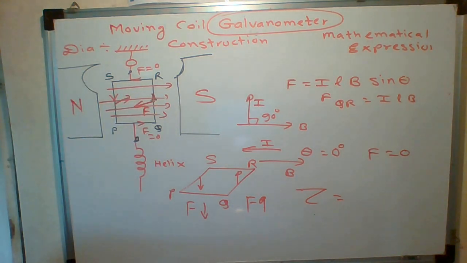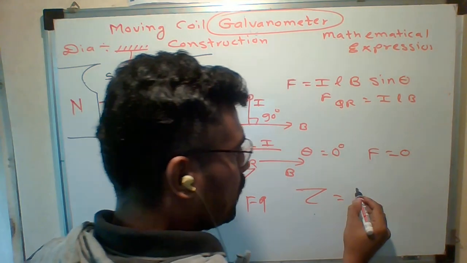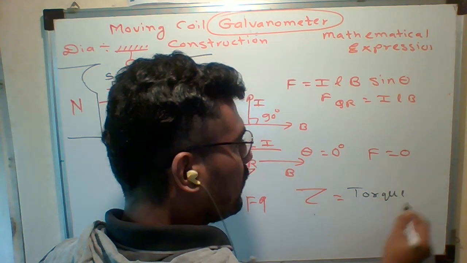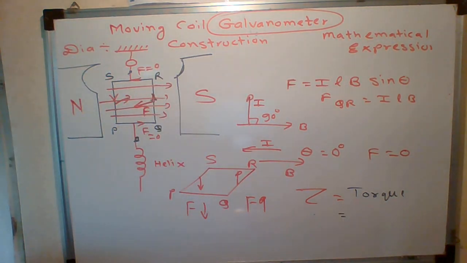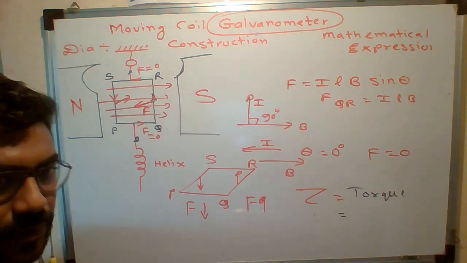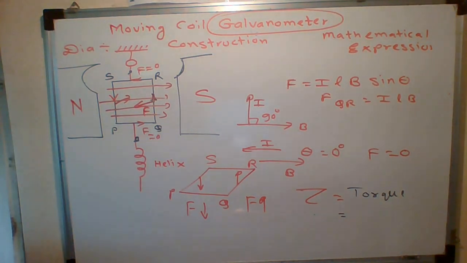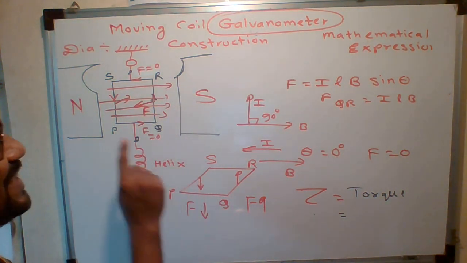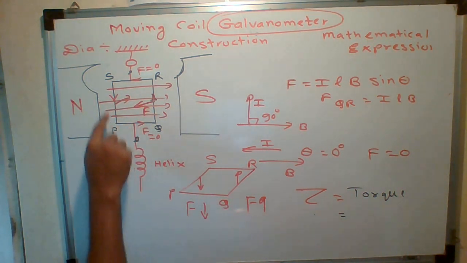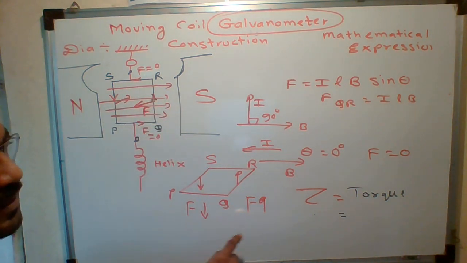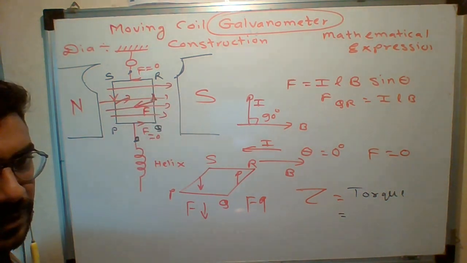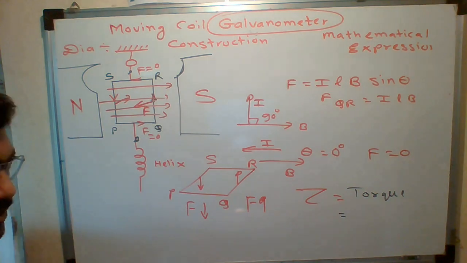Now the concept of torque comes in. The symbol is tau. The torque will be produced. Let me complete the moving coil galvanometer first. So students, when current is flowing, we observe forces in the two arms, PS and QR, like this. What is torque?